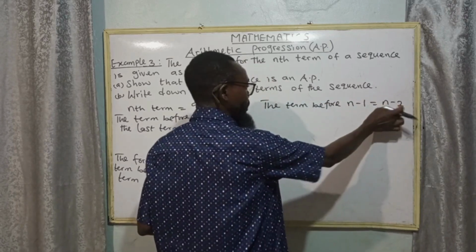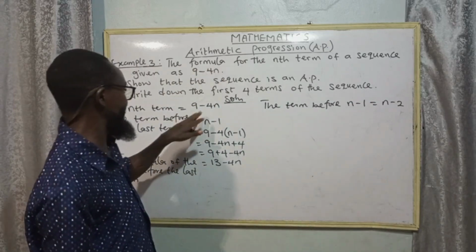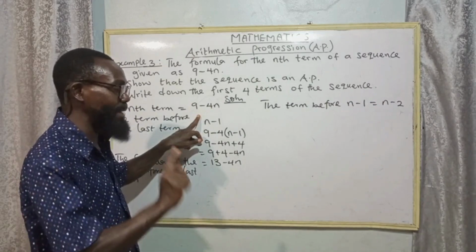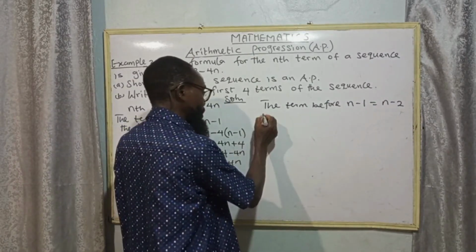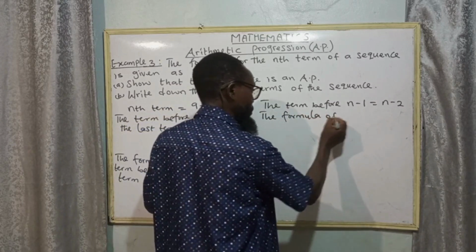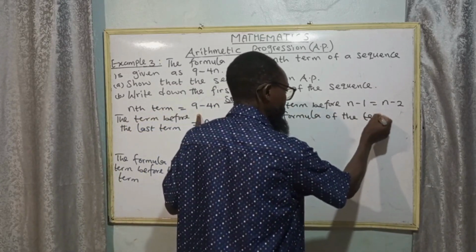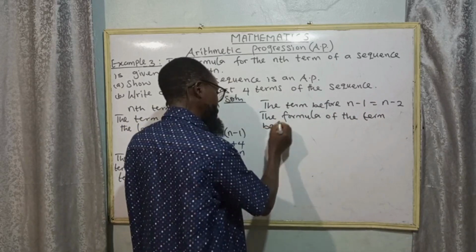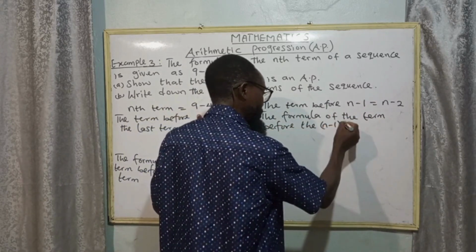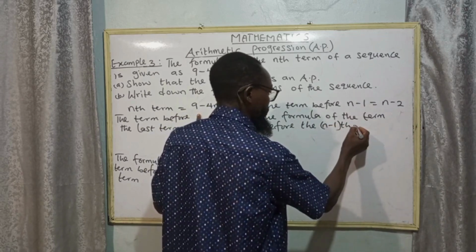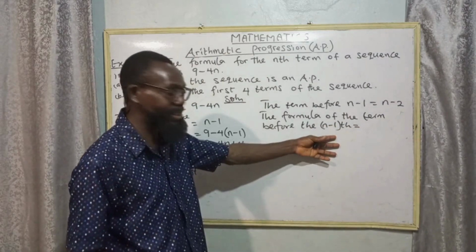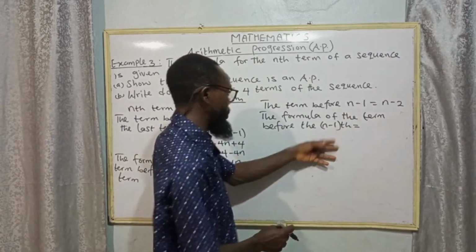Let us now substitute this into the nth term to get the formula of the term before the n minus 1 term.